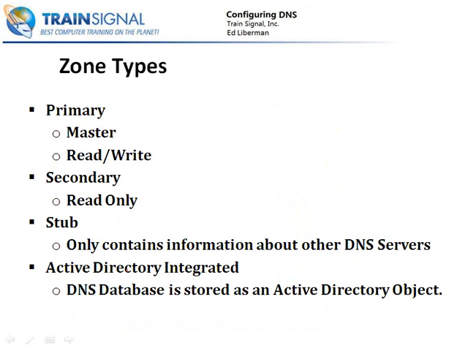Now, zones come in a few different types. First type that we have here is something called a primary zone. Primary and secondary are what's known as standard zone types. This is how DNS used to work. It still does work this way if you want to, but it's not very common anymore. Basically, with the primary and secondary zone types, the primary is the master read-write copy of the zone.